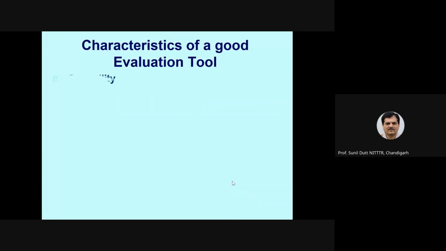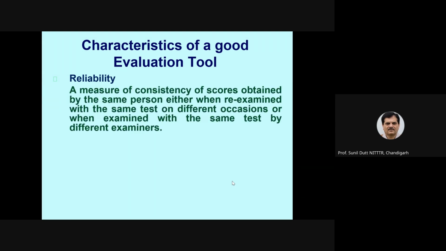Then reliability, consistency of results from one measurement to another. That is, if one answer sheet is marked by more than one teacher, then the answer sheet must carry almost similar score.